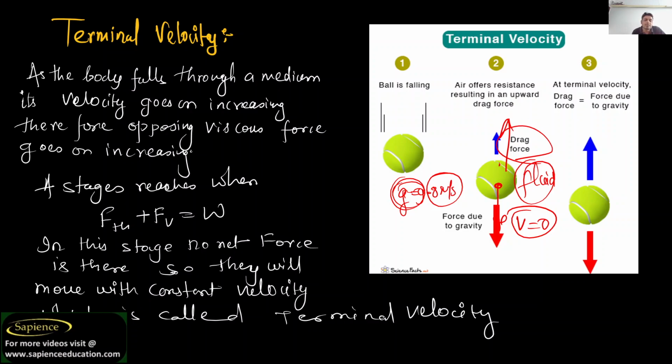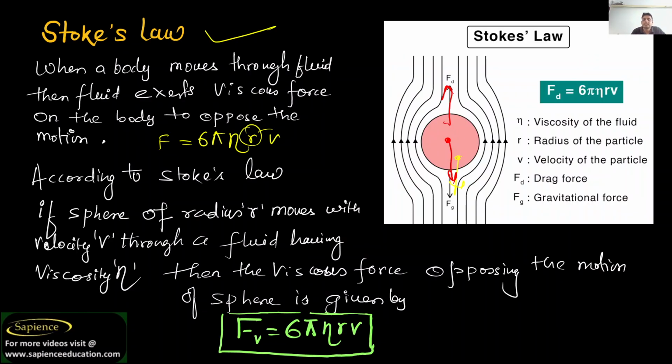So that constant velocity is known as terminal velocity. Let us read the definition here. As the body falls through a medium, its velocity goes on increasing, and therefore the opposing viscous force goes on increasing. See here, viscous force is directly proportional to velocity.